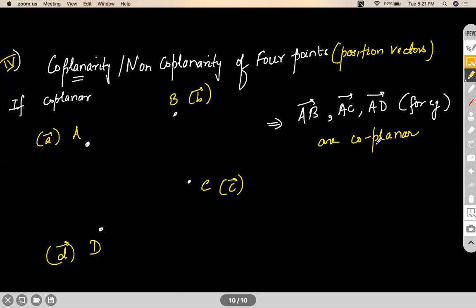Yes or no? Do you agree with me on that or not? So if I make any three vectors out of it, let's say AB vector, AC vector, and AD vector, then can I not say AB, AC, AD are coplanar if these points are coplanar?